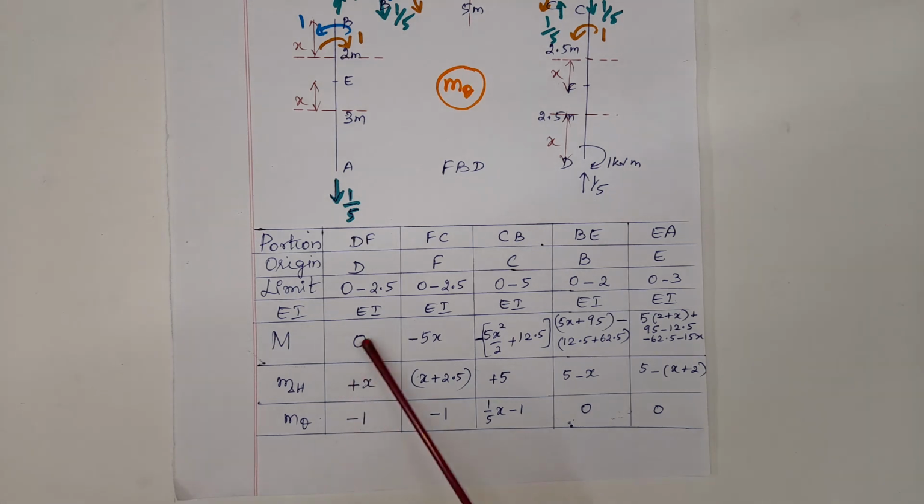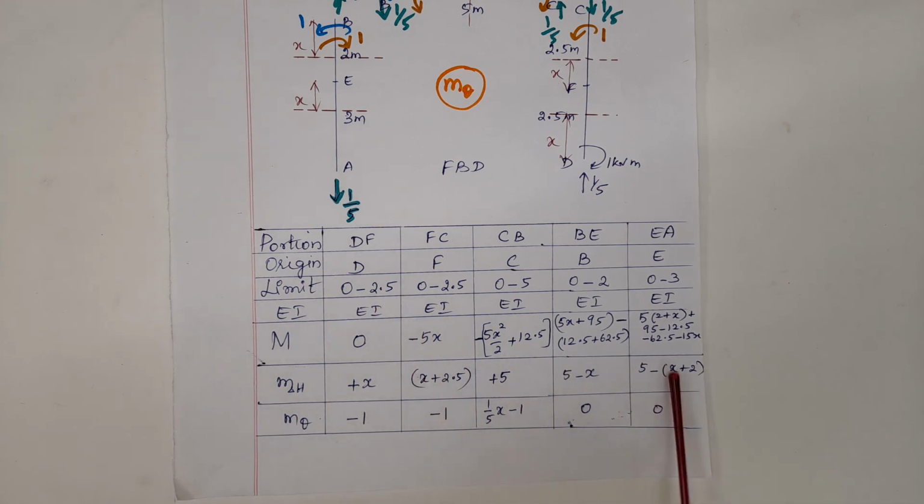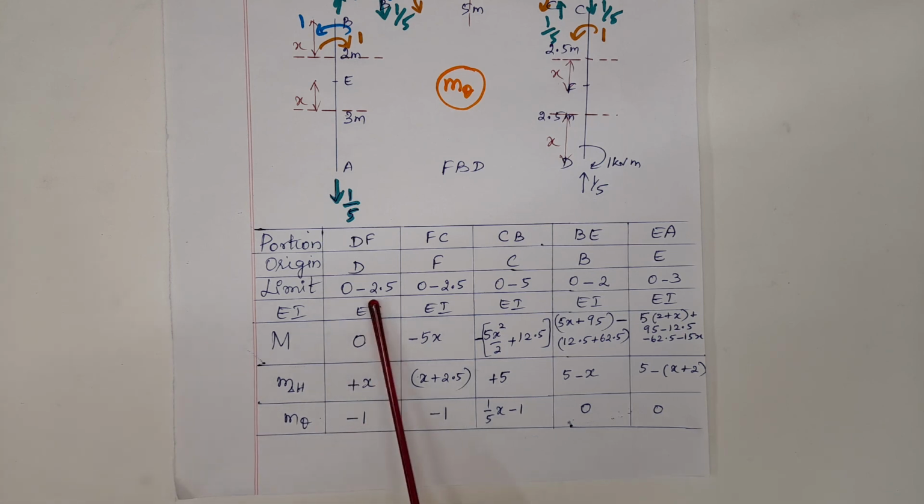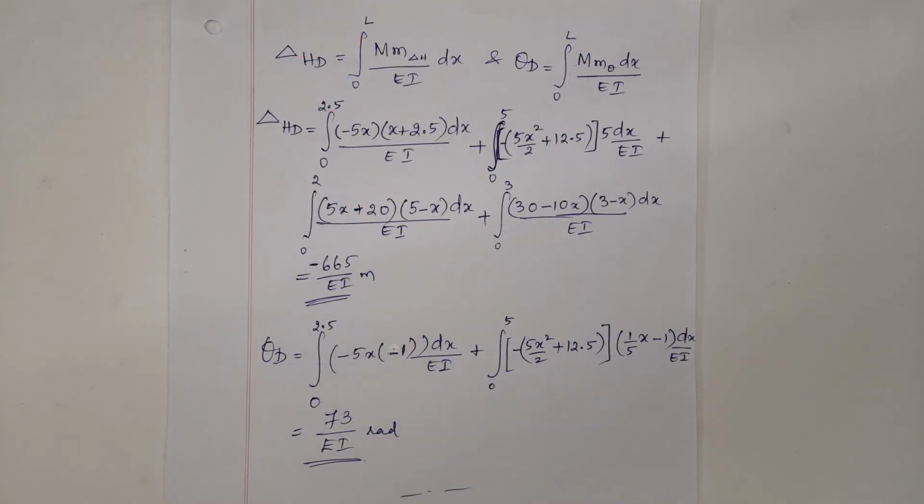Integrating capital M expressions and M H expressions between the limits shown here for each segment and summed up will give the value of delta H, and integrating capital M and M theta expressions between the limits given will give the value of theta D. That is shown here. So these are the values obtained as a result of integration.